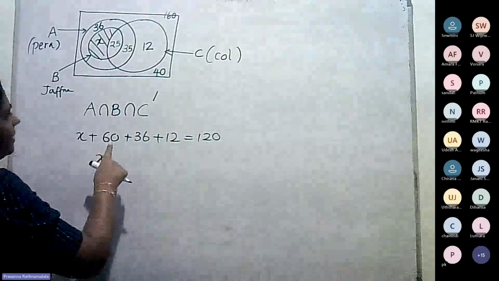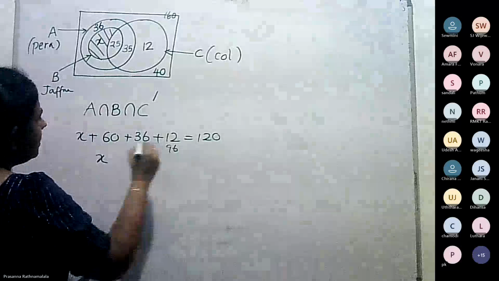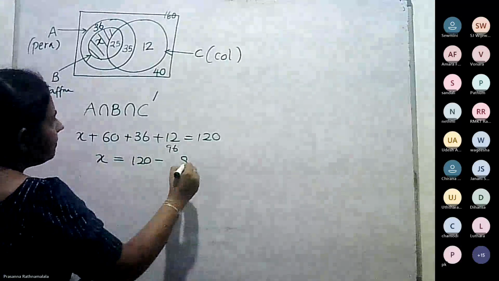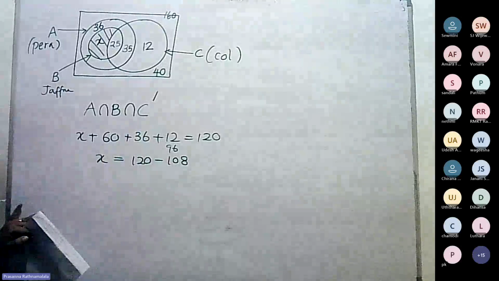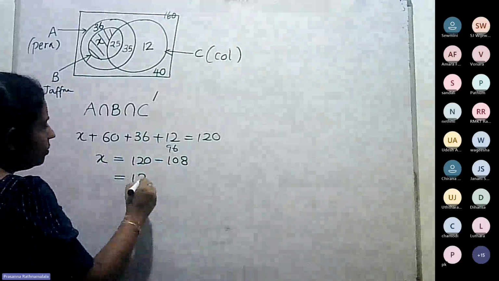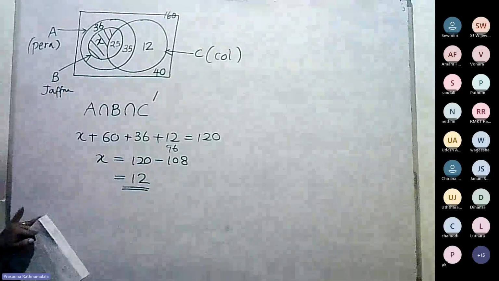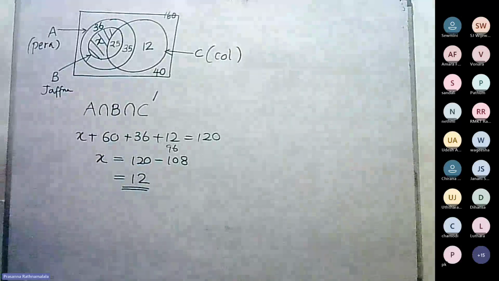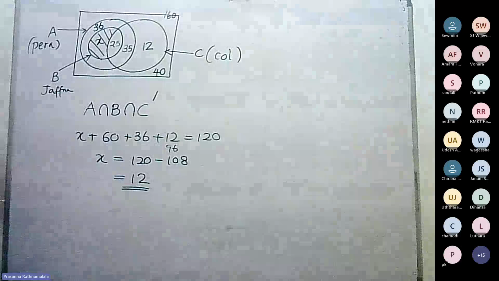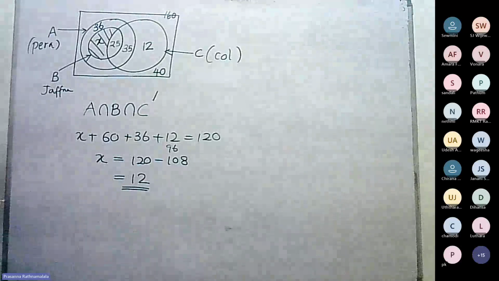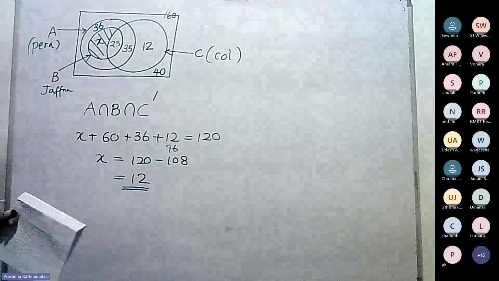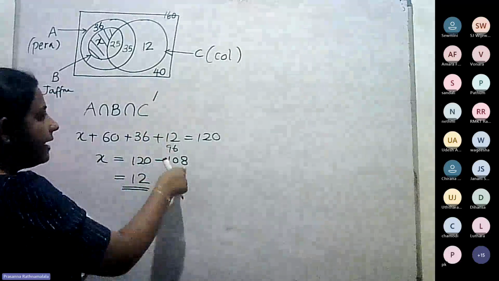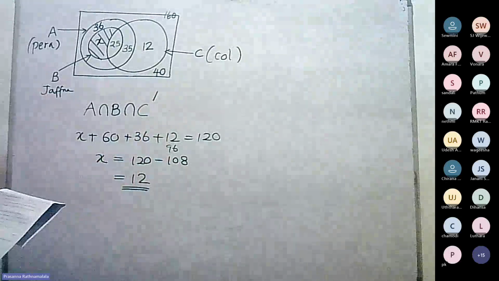Then you can find X. 120 minus 108 equals 12. Then X equals 12. Next one. The total comes to 148. 160 minus 148 is again 12.